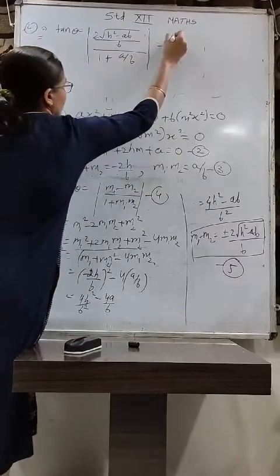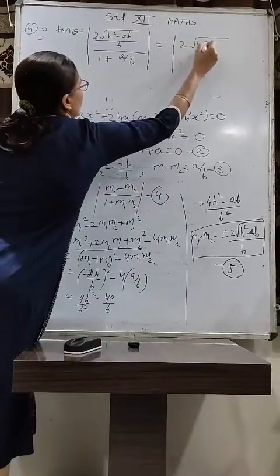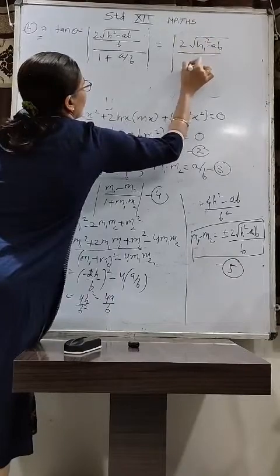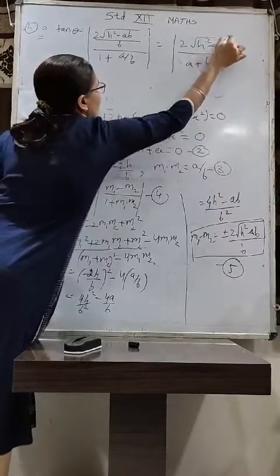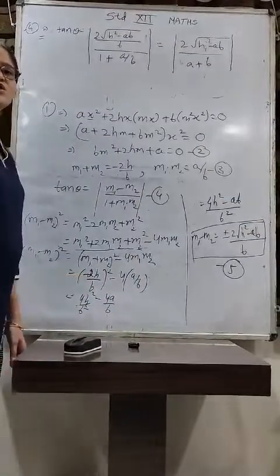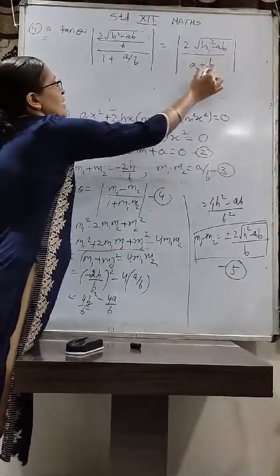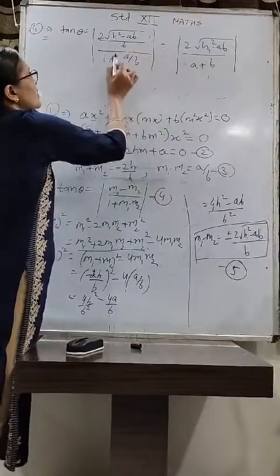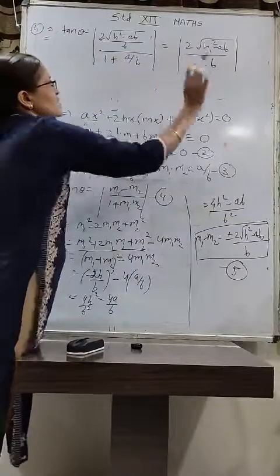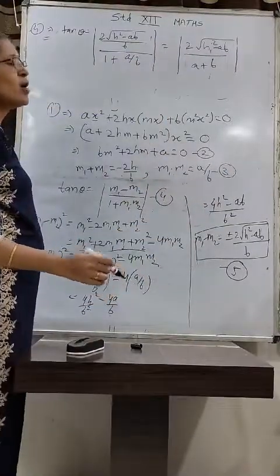On solving we will get this as 2 under root h square minus ab upon a plus b, which is the angle between a pair of straight lines. So tan theta comes out to be 2 under root h square minus ab upon a plus b. Here this is b, if we take LCM it is a plus b, this b gets cancelled, and so we are left with the term 2 under root h square minus ab upon a plus b.